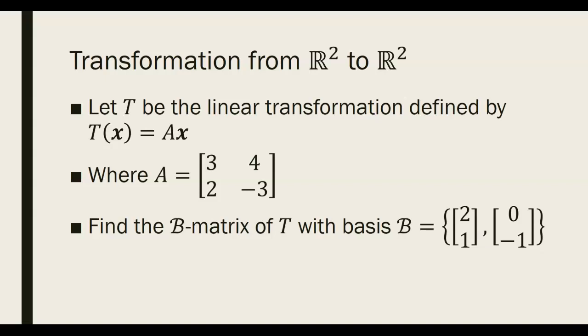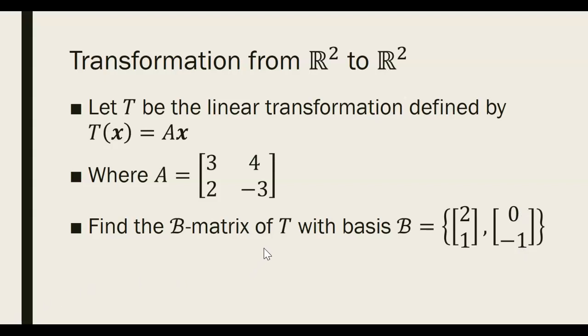So we're going to have to convert whatever the outcome is into our basis B. I'll talk about that in a second, but I want you to take a moment, push pause on the video, and see what this linear transformation does to 2, 1, and then to 0, -1.